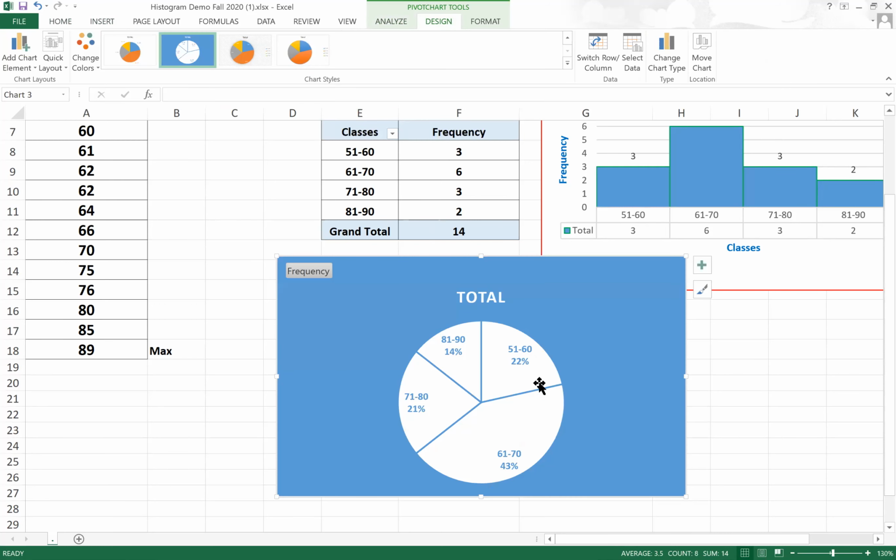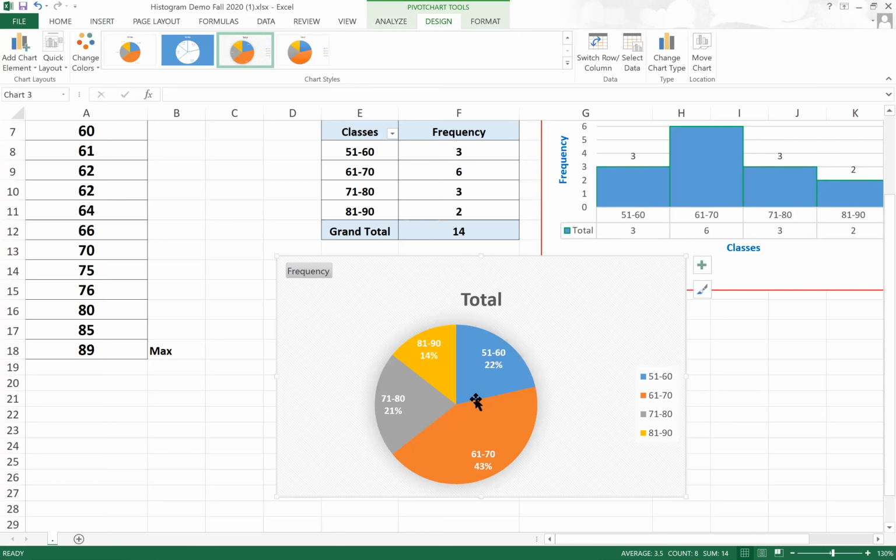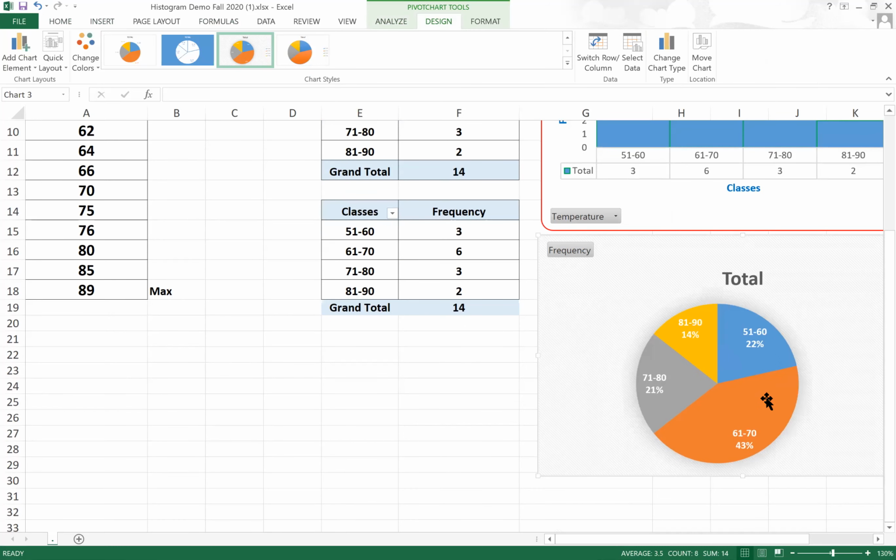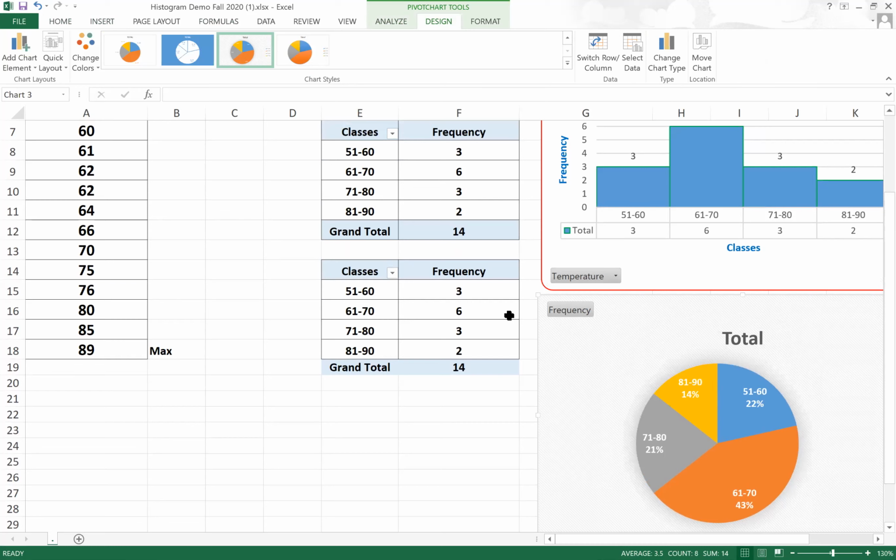This one is better, with the classes and corresponding percentages. That gives us a clear indication of which one has the most data values. This one has 43%, and these two have about 22% and 14%.